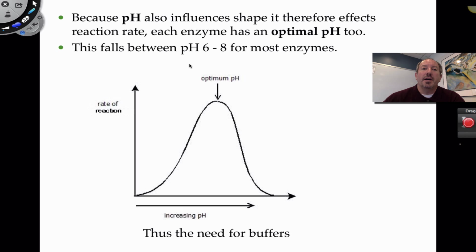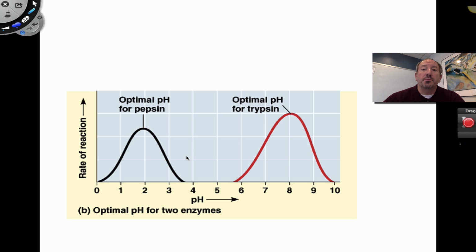Most of the enzymes fall in this neutral area. But then again, there are some very important enzymes that don't correspond to this. I was just showing you a typical one, around 7. Do you see that? It doesn't do well in acid or in alkaline.